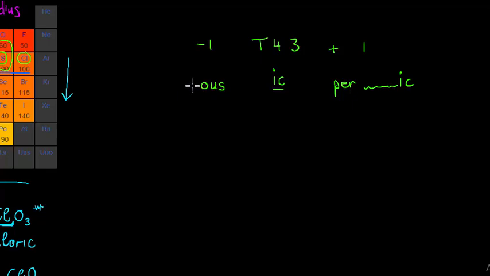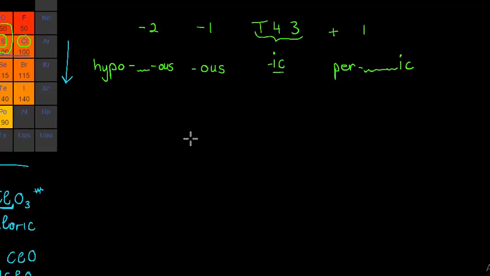And if it has 2 less oxygens than the T43 would suggest, then I would add a hypo in the beginning, and the os at the end. So hypochlorous or hyposulfurous. That is how I name it.